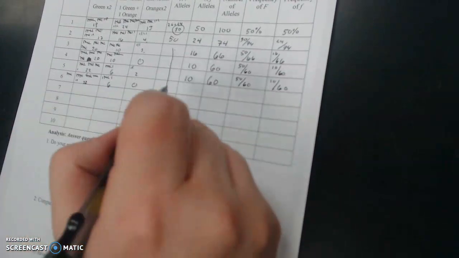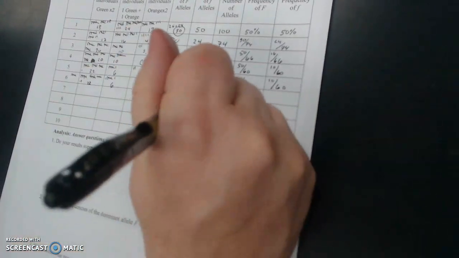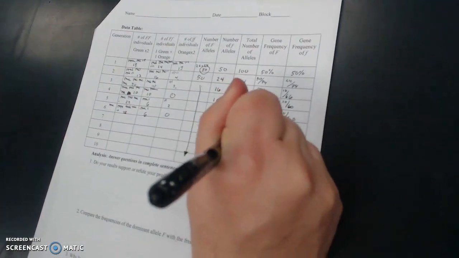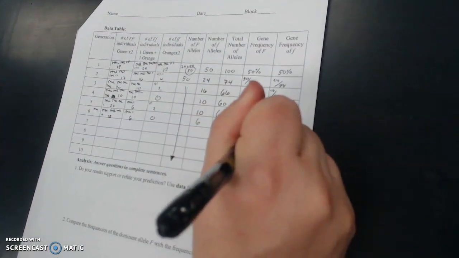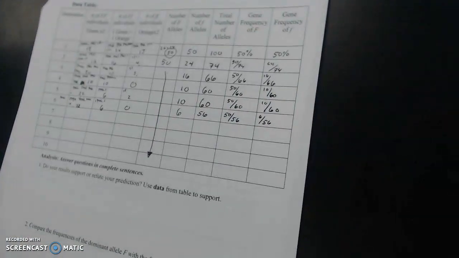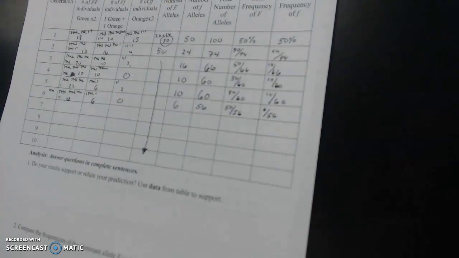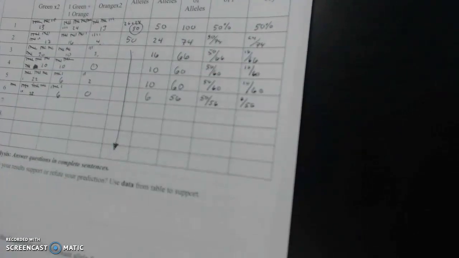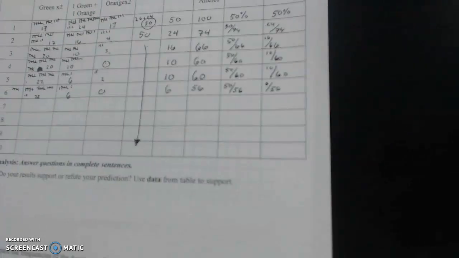It's still 50, and we have 6 left over. So our total population is 56, and our percentage now is 50 divided by 56, and 6 divided by 56. Do some math. All right, no sad bunnies this time, so yay. All the live bunnies go back in the bag, and we are in for our 4th last generation.